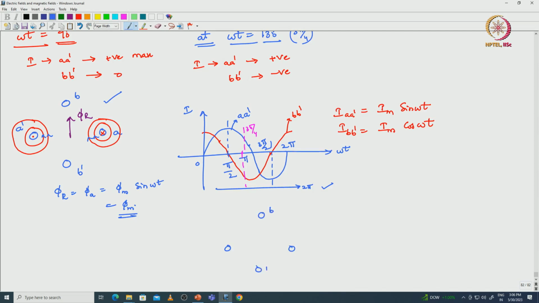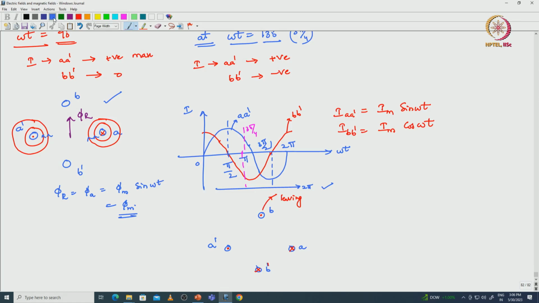This is coil B dash, A dash. So, A dash current is positive, then there is no change in current, this side cross and this side dot, but B dash current is changed. So, at B terminal the current is leaving, at B dash terminal current is entering.